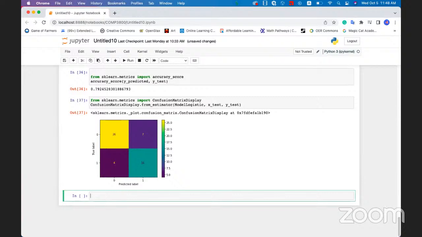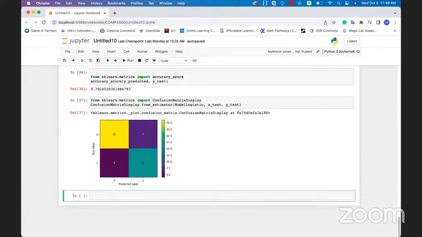So in this square, this one was 0 for the observed, and it's predicted 0. So this is correct. And this one is also correct. It's observed as 1, and it's predicted 1. So this is also correct. These are wrong cases. Predicted 0, it was 1. Same with this.